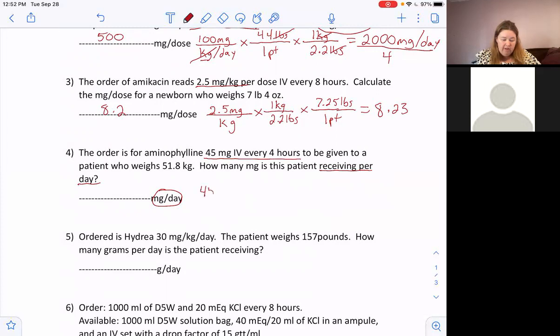So we're going to start out with 45 milligrams over 1 dose. And it looks like the 51 kilograms is actually extra information we don't need. So they're going to get it every 4 hours, so that would be 6 times a day. And that's 270 milligrams per day.